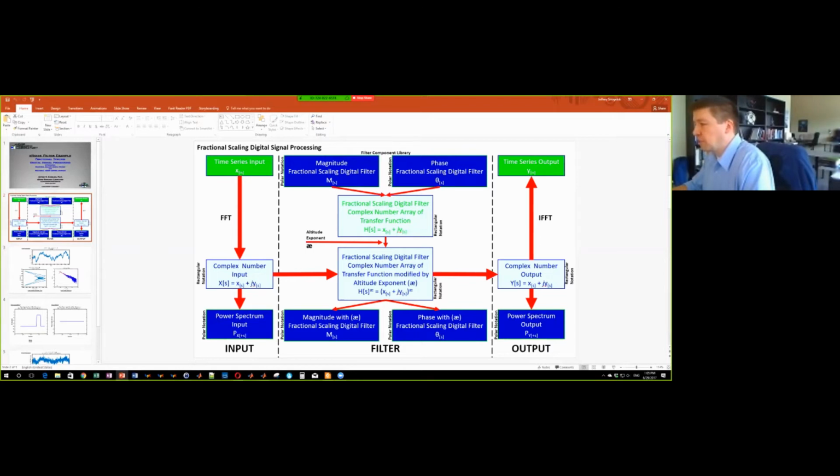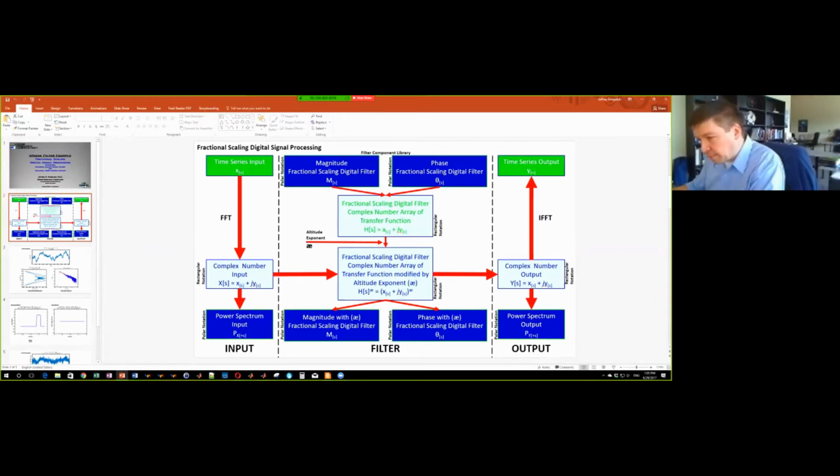That produces a new output that is scaled and shifted according to however you defined it in your filter component library. And then when you inverse Fourier transform, that will produce a new time series as output that will give you exactly what you want.